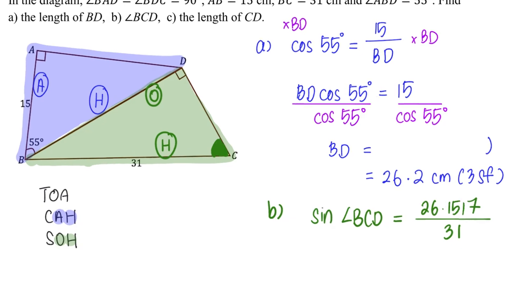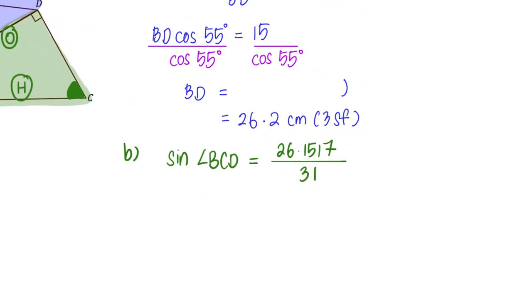Alright, and once I have this, I can continue to find my angle BCD easily, which is the sine inverse of this particular ratio.